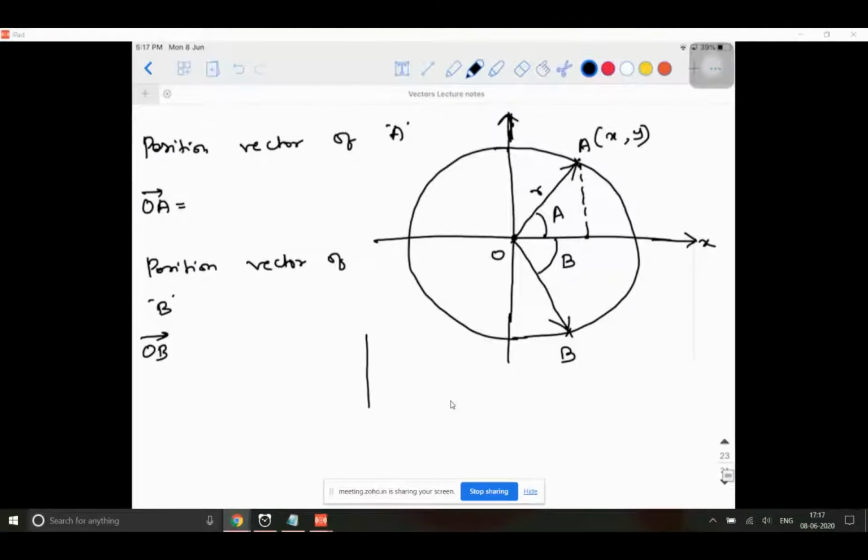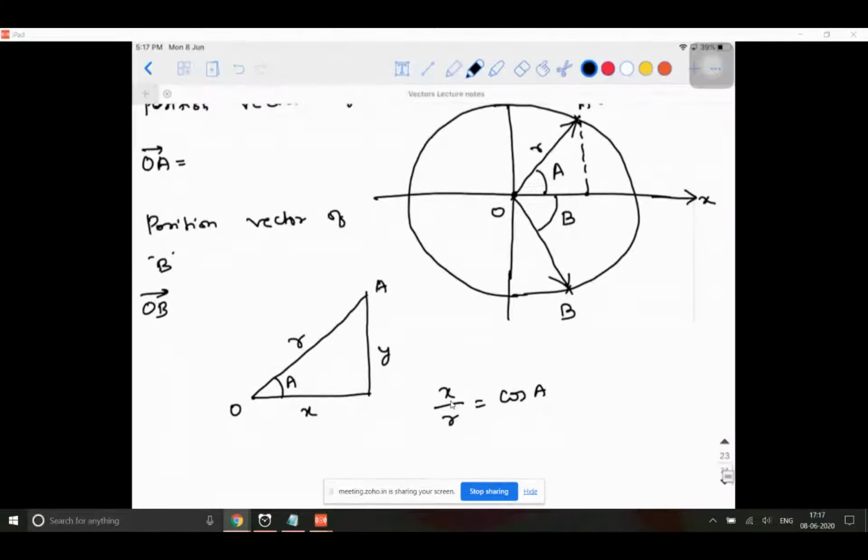If I draw a separate diagram, this I have already shown you. This is OA. If I take this angle to be A, this is r, this is x and this is y. What is x divided by r equal to? It is cos A, which implies x is equal to r cos A.